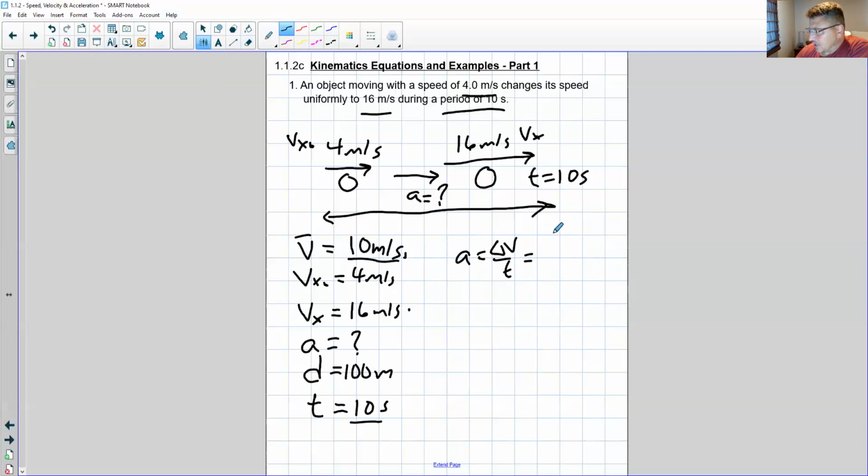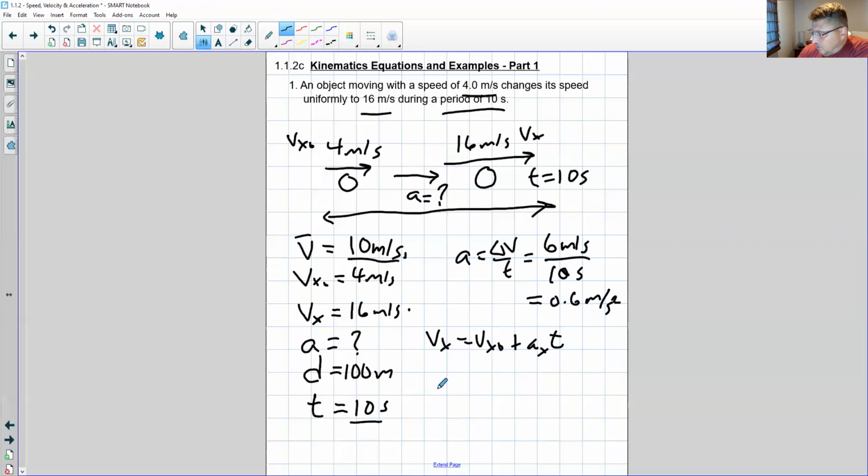So 16 minus 4 is 12 meters per second over 10 seconds, which would be 1.2 meters per second squared. This would be one way. I could also write Vx equals Vx naught plus AxT. This is essentially exactly the same calculation. I'd be subtracting the two speeds and dividing by time.